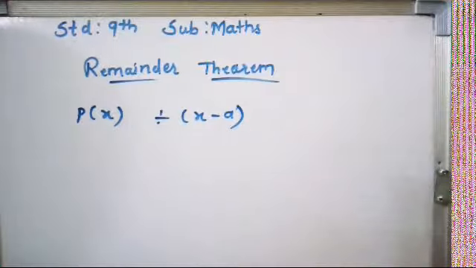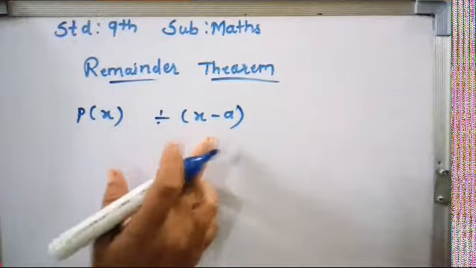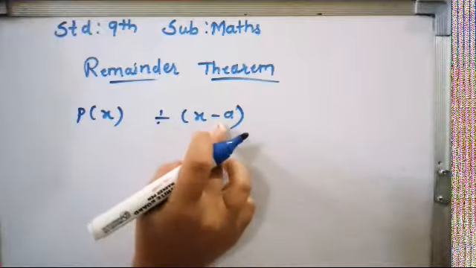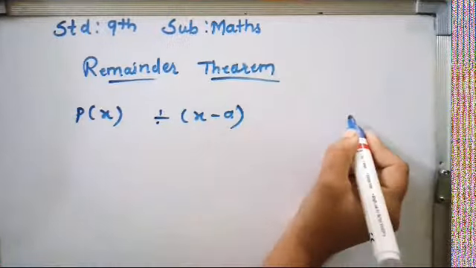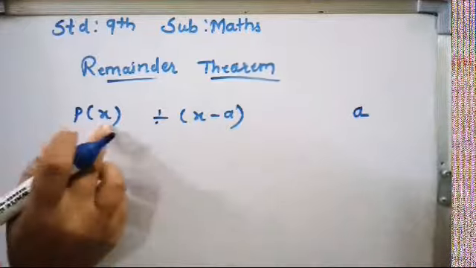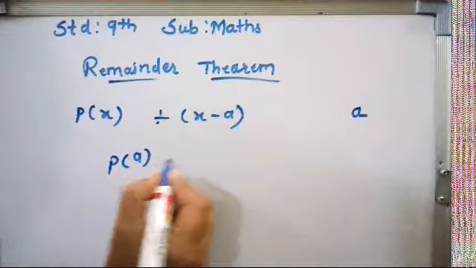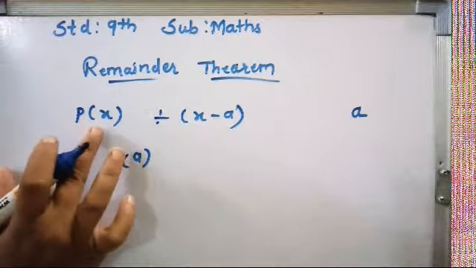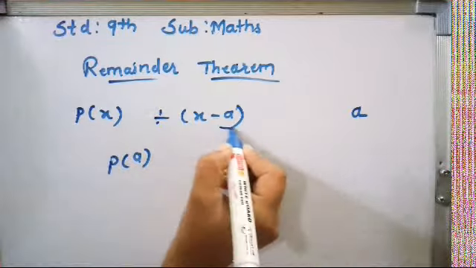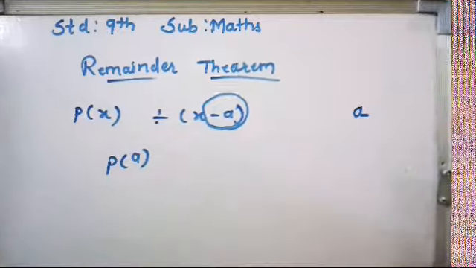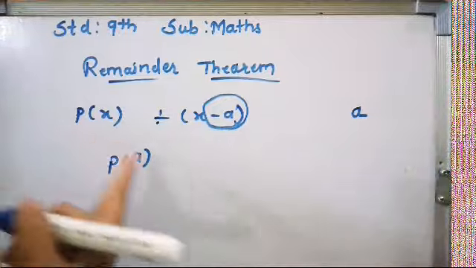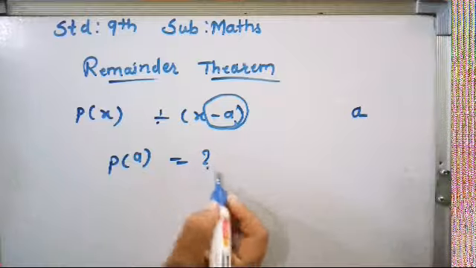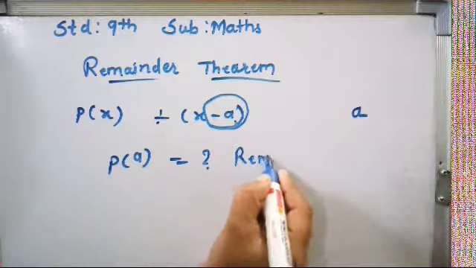Then p of a, the opposite of minus a, will be the remainder. It means that in this polynomial equation, if you substitute the opposite of this and whatever answer you get, that will be your remainder.